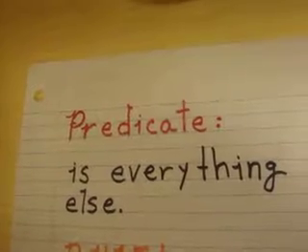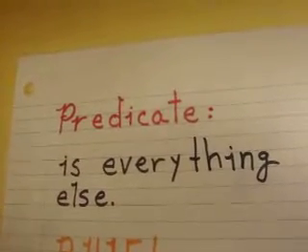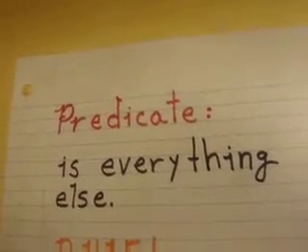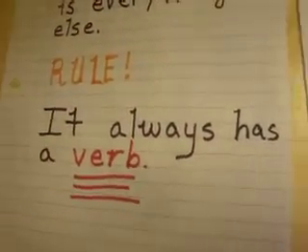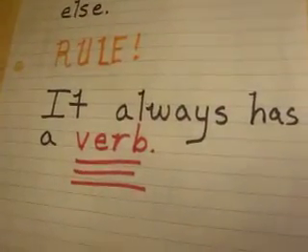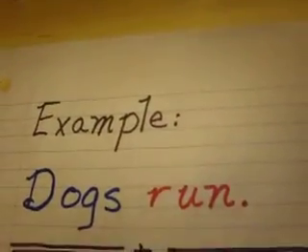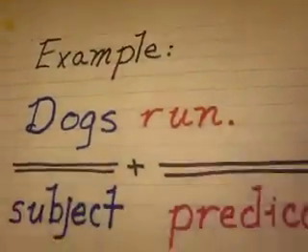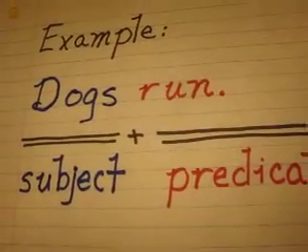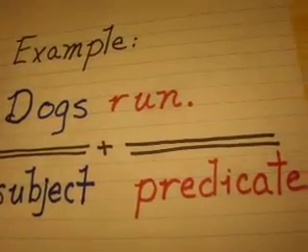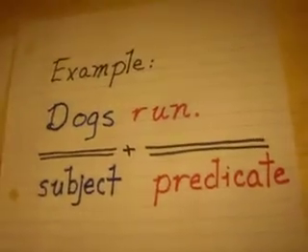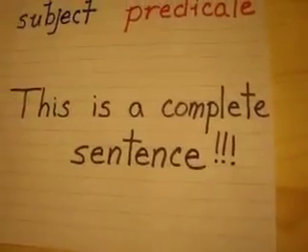While the subject tells what the sentence is about, the predicate is everything else. Rule, it always has a verb. Here is an example. Dogs run. Dogs is the subject and run is the predicate, so this is a complete sentence.